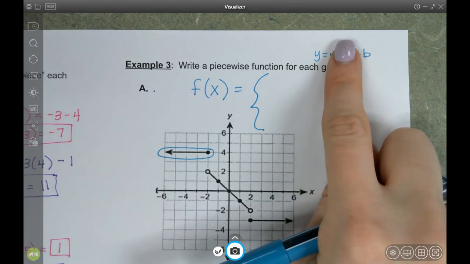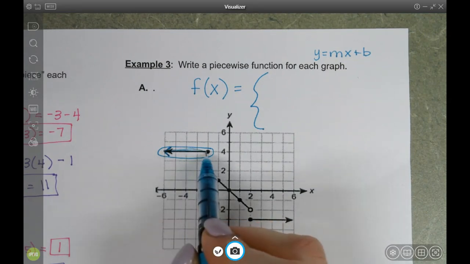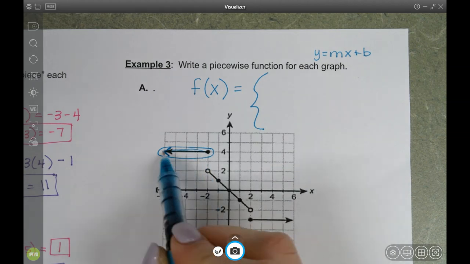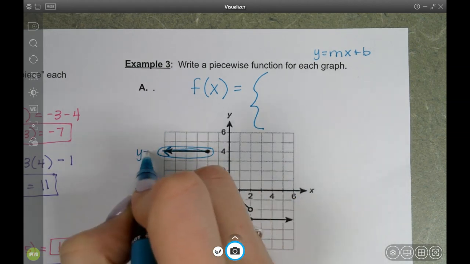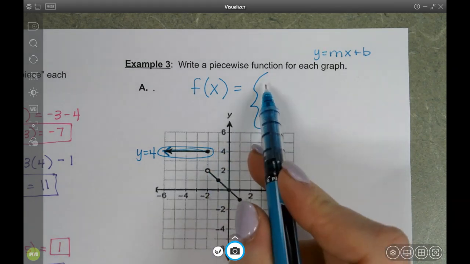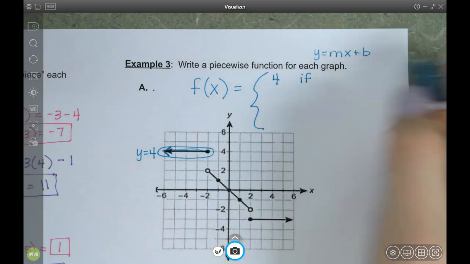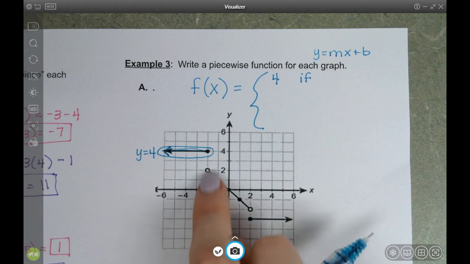So what is my y value for all of the points on this line? 4. So the equation of this line is y equals 4. So for my first piece, it's going to be y equals 4 if we're talking about x values here.